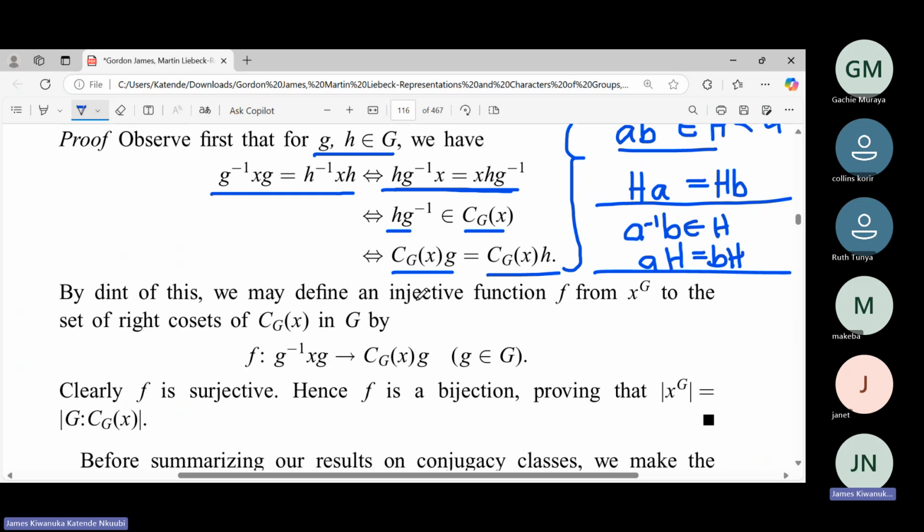So we can now define a function from the conjugacy class to the set of right cosets.